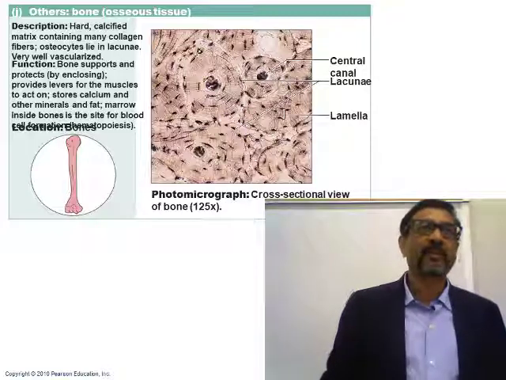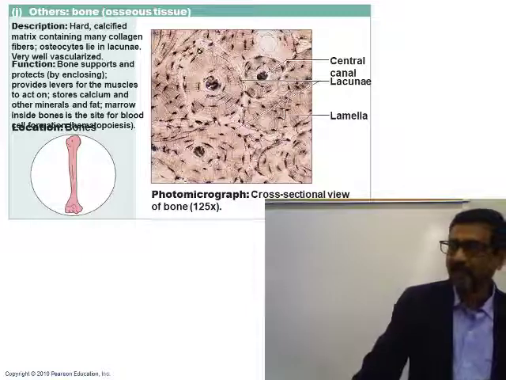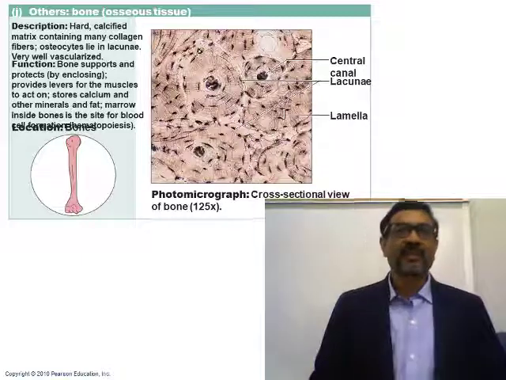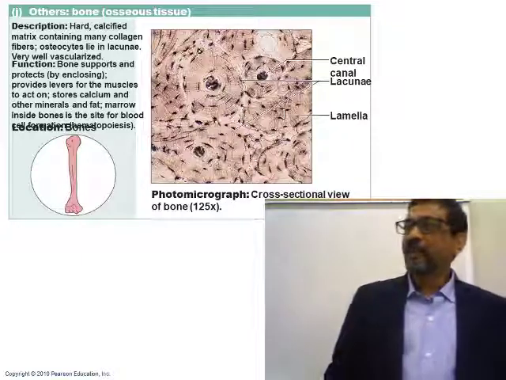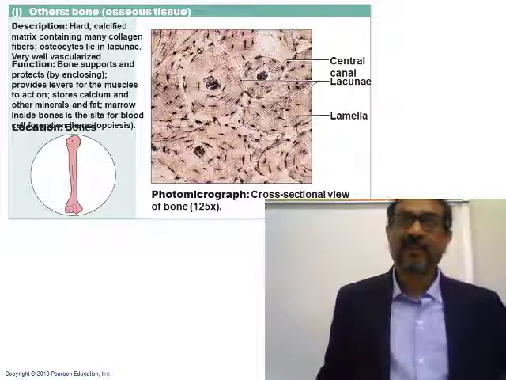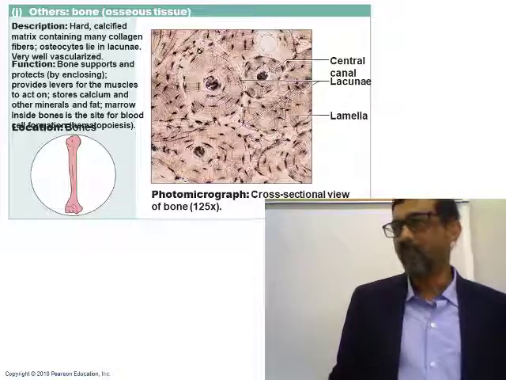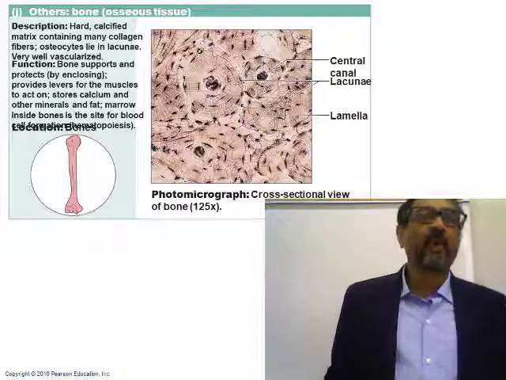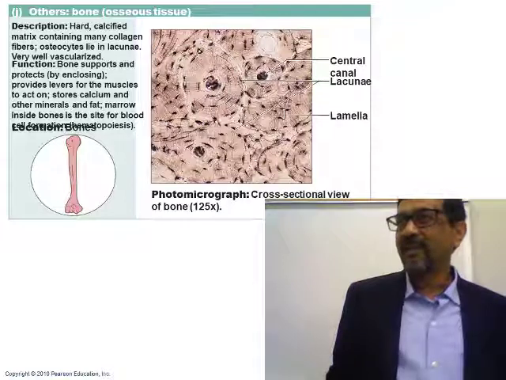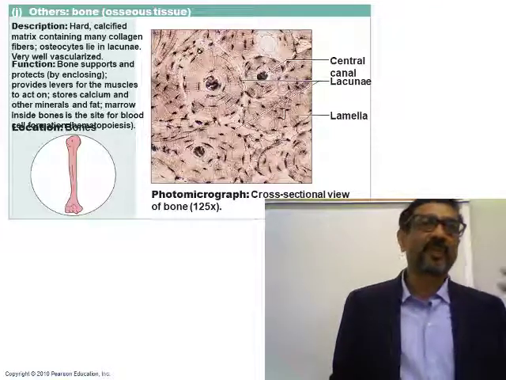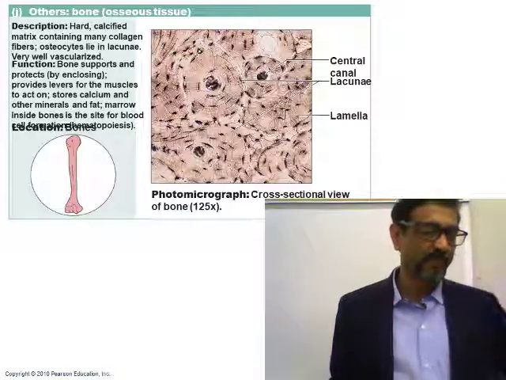We were talking about connective tissue, and you know that bone is a connective tissue, and two types of bones are present in the body: compact bone and spongy bone. Compact bone is the hard bone, and spongy bone is the soft honeycomb-like bone that has a lot of spaces inside.